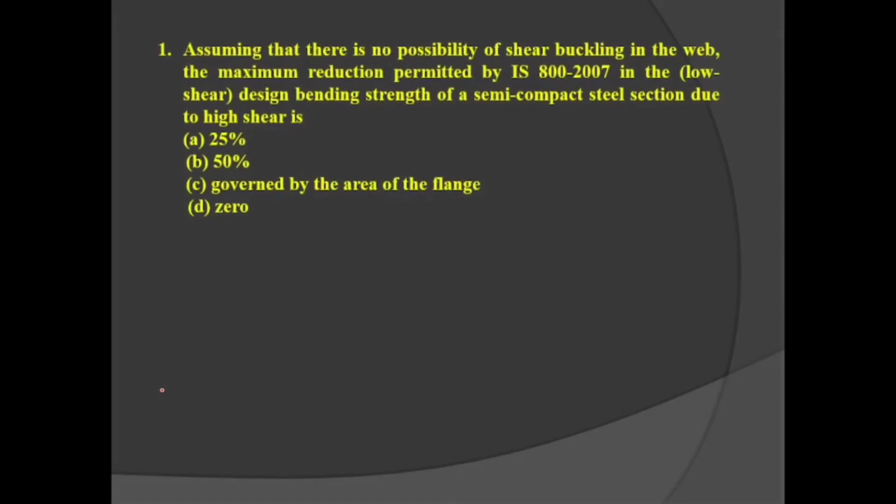First question: assuming that there is no possibility of shear buckling in the web, meaning buckling of the web is not there, it is an assumption. The maximum reduction permitted in the design bending strength of a semi-compact steel section: basically no reduction is there, zero reduction. However, reduction was there in the case of high shear, that is 0.6 Vs, but that is a different thing.